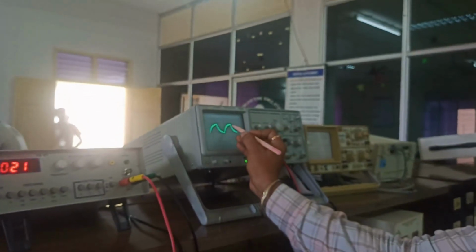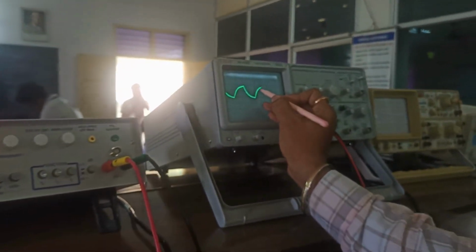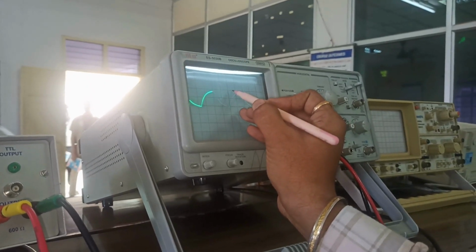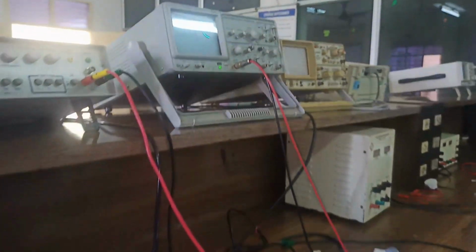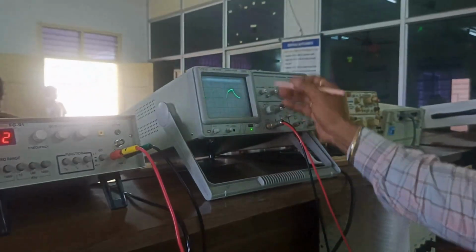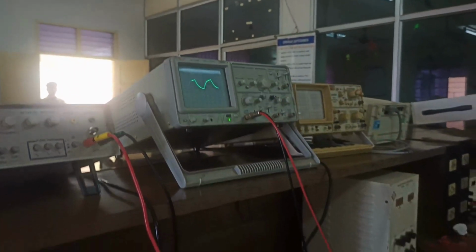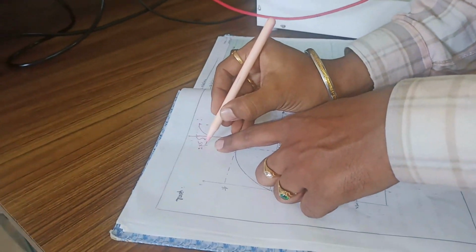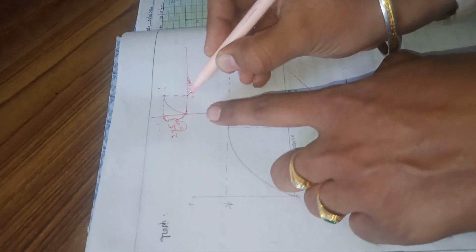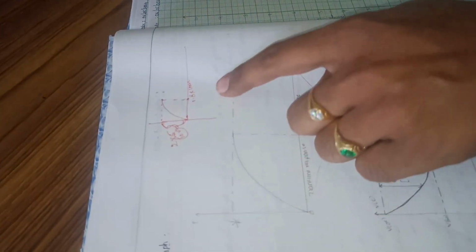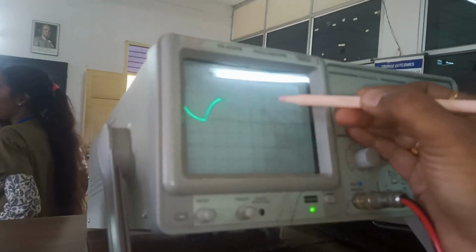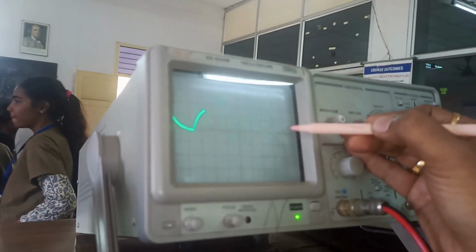Coming to the vertical, here you are going to have 1, 2. This is maintaining a magnitude of 2 volts. The y-axis is voltage, so 2 into 5. So the magnitude of the waveform is 2 volts at a time of 1.8 milliseconds. Now the capacitor has been charged and the capacitor is going to discharge.